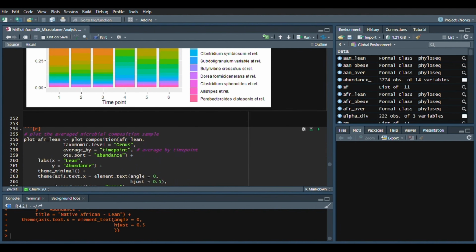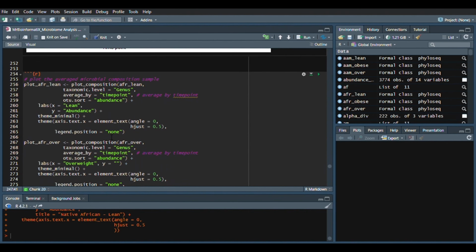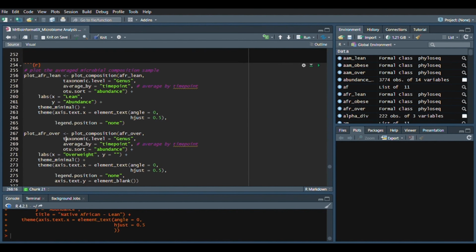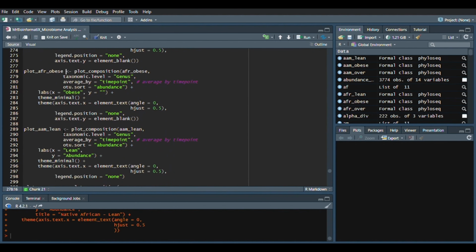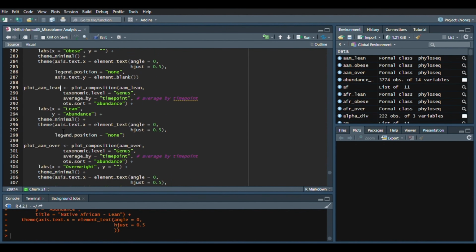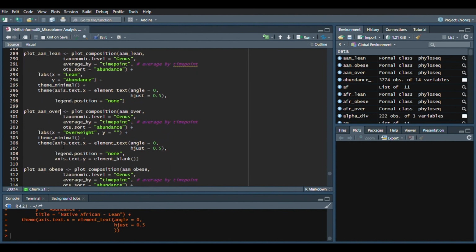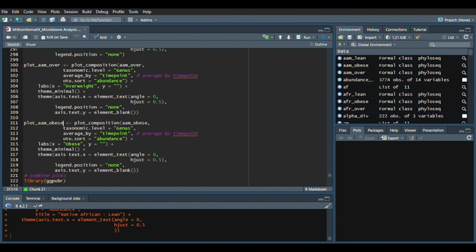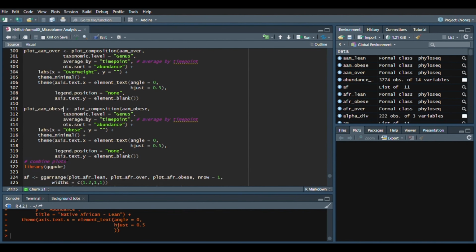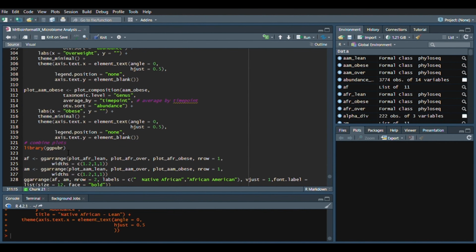And now, let's plot the average microbial composition samples. So we will make a plot for African lean, African overweight, then African obese, then African American lean, African American overweight, and African American obese. And to combine all these plots, we will use ggpubr.